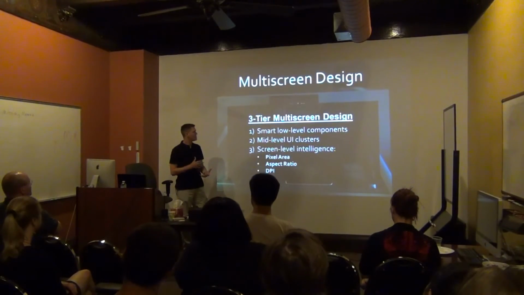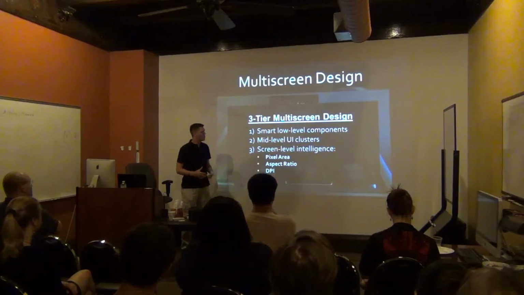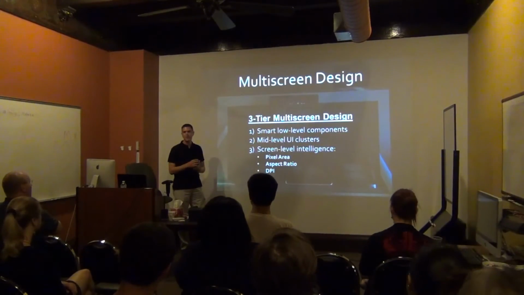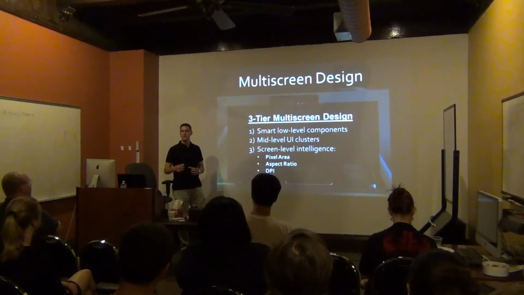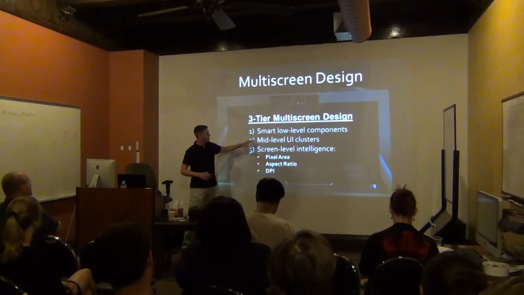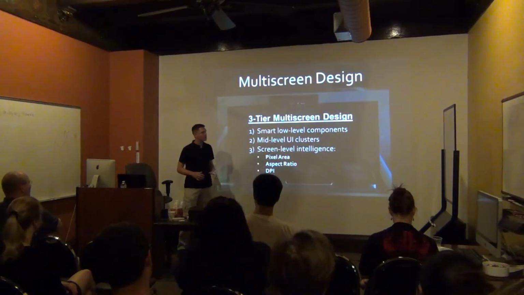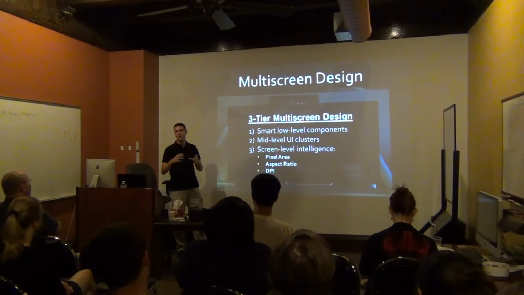And so the way I looked at it was, let's start with a series of smart, low-level components. What if my basic components, like my buttons and my UI, were smart enough to know how to shrink and scale themselves down effectively so that when I put them on a small screen, they're both functional to the player, visible and usable. Part 2 is take mid-level clusters and group those smaller components together so the job of handling that collapsing of components to a smaller screen is automated for me.